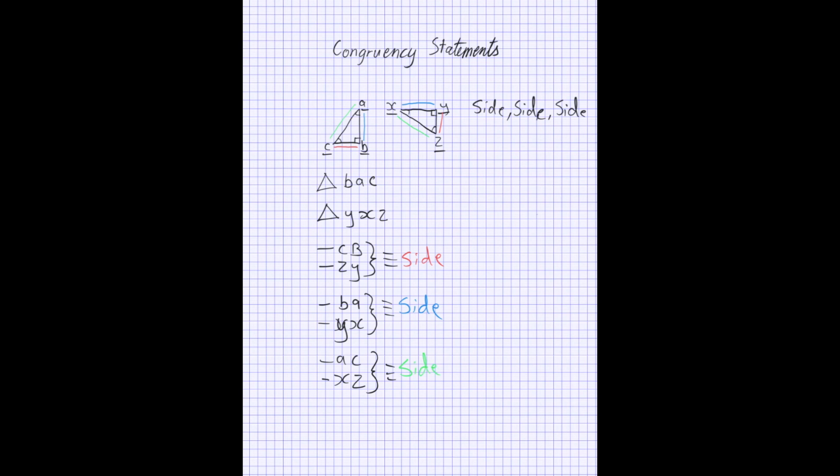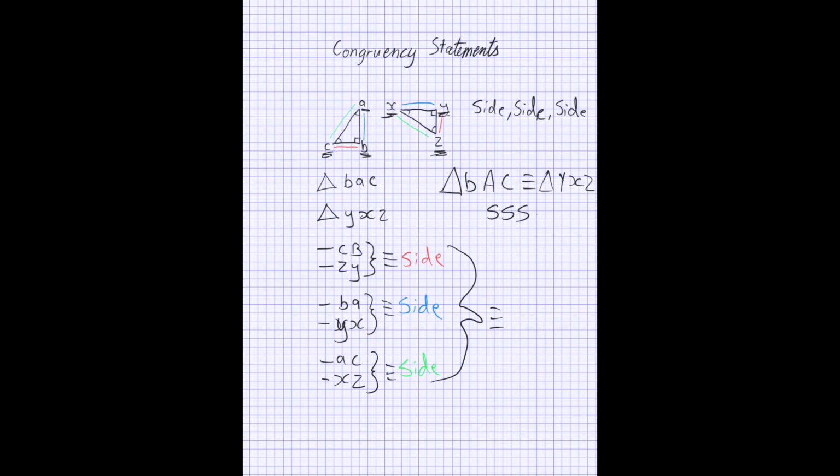So what we can see here is, because we have all 3 of these sides being congruent, we know that triangle B, A, C is congruent, or is the same as triangle Y, X, Z. And the rule we've used for that is side, side, side.